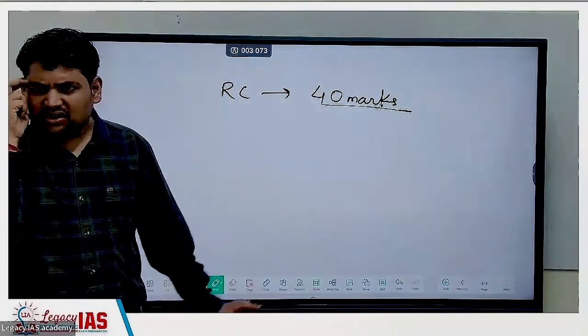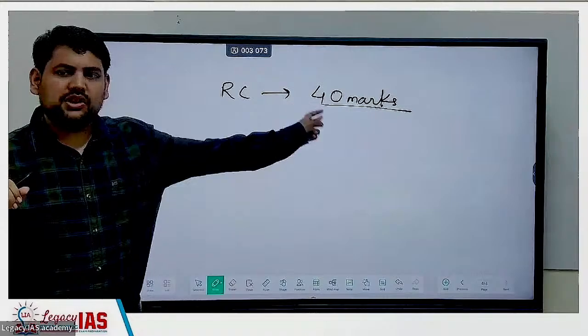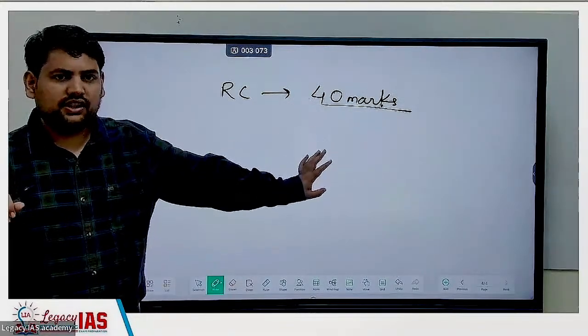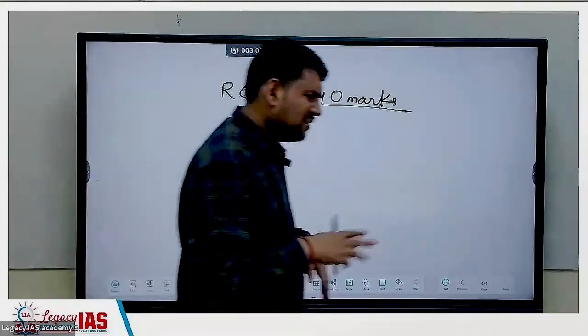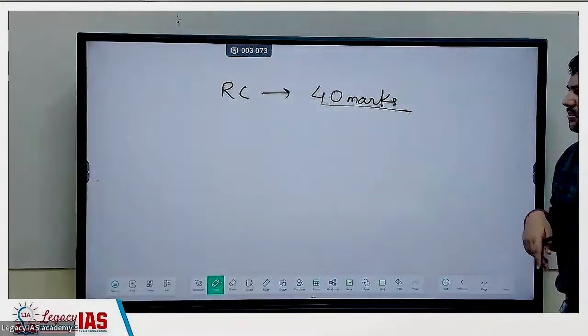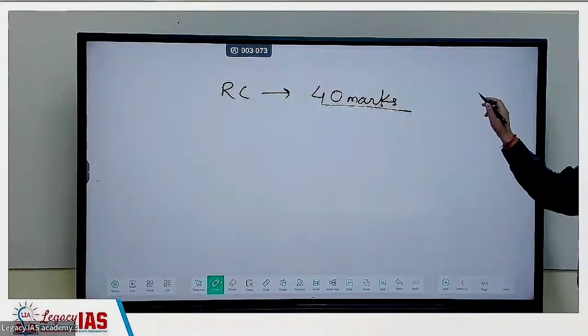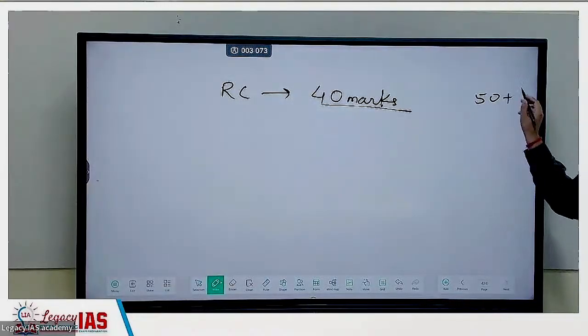Even on your worst day, you should be able to get 40 marks out of it. We will prepare in this way that you reach at least this. On your good day, or when an easy paper appears in front of you, of course, you can get to 50 or more than 50 marks.